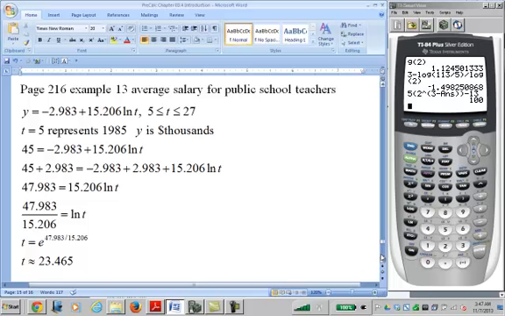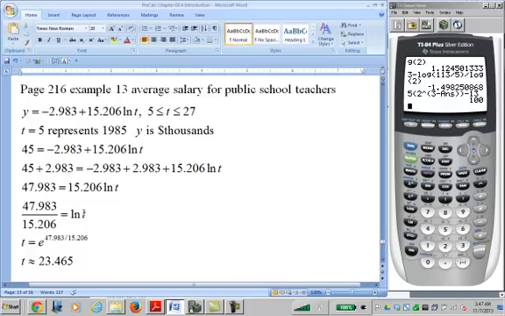And do reciprocal operations until the ln of t is isolated. Okay? And you end up with the ln of t equals 47.983 over 15.206. So you convert to exponential form.